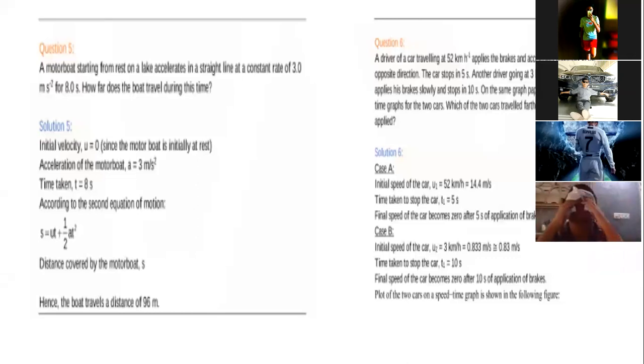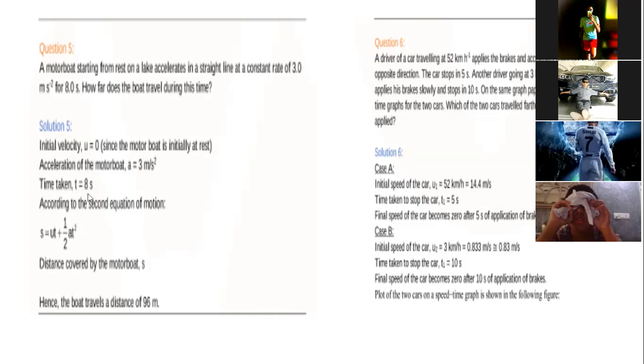Okay, and accelerates in a straight line at a constant rate of 3 meter per second square for 8 seconds. So your acceleration, small a, is equal to 3 meter per second square, and your time t is equal to 8 seconds.